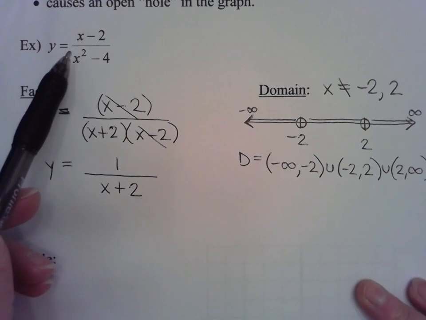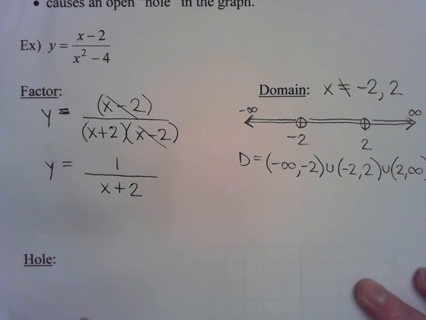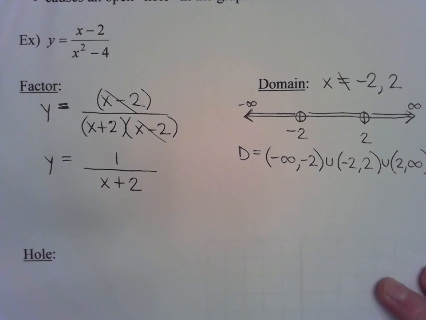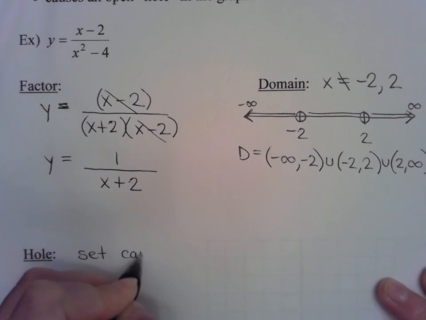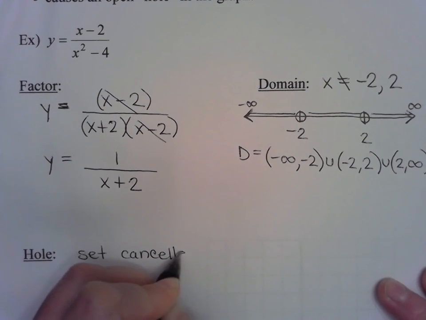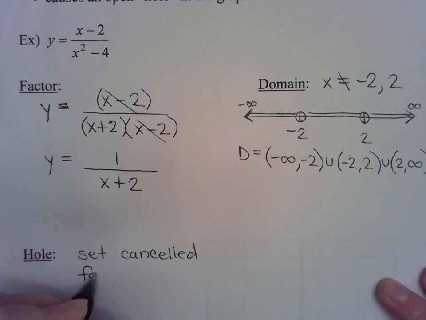Okay, so we're going to look at how to find that hole. Let me write the directions, I didn't print them for some reason. So we want to set the canceled factor equal to 0.